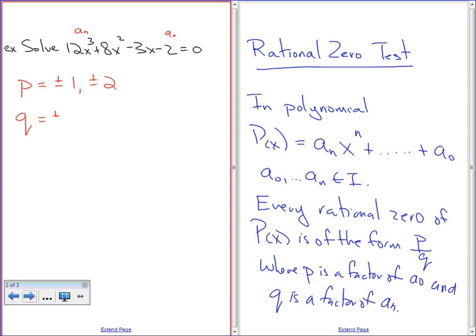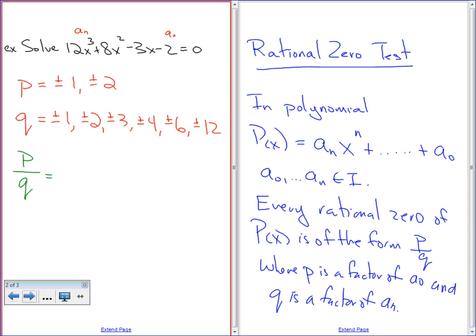So plus and minus 1, 2, 3, 4, 6, and 12. Then if I want to get all the possible answers, I just take all of my p's and divide them by all my q's.